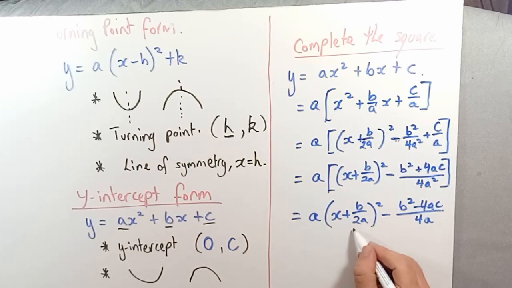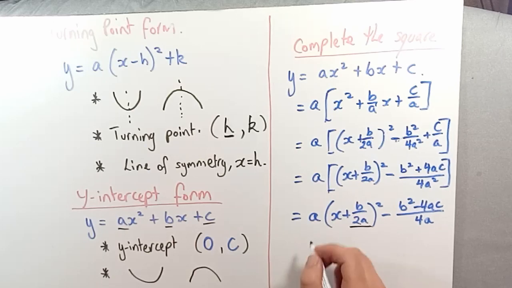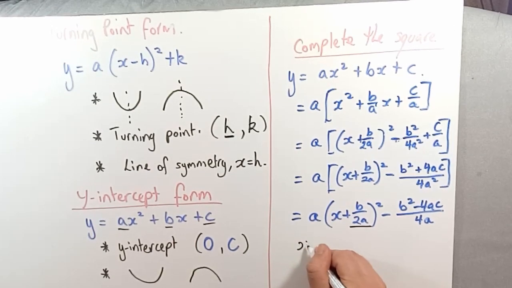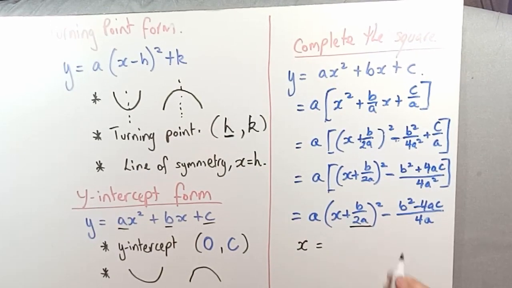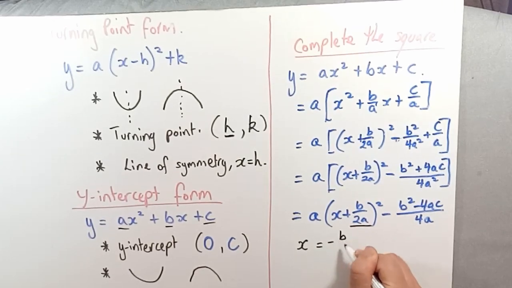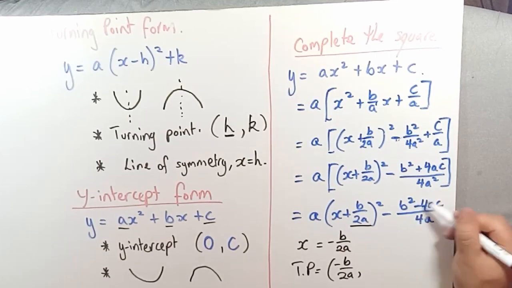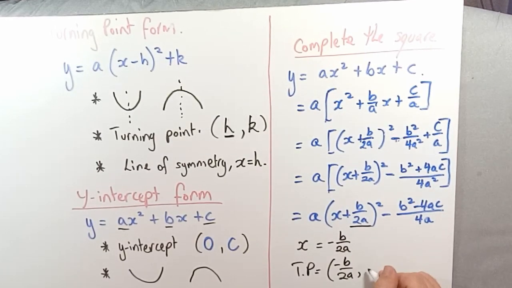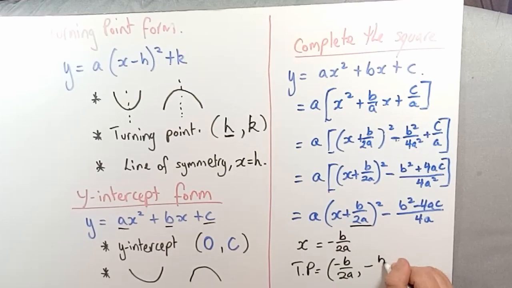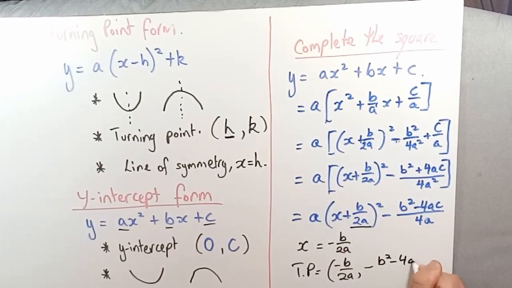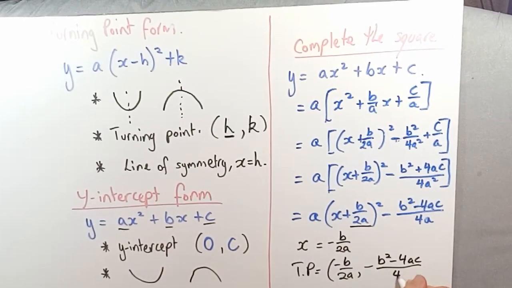So now I can see that our line of symmetry is x equals minus b over 2a, and I can tell the turning point is minus b over 2a, and also, let's move down, minus b squared minus 4ac over 4a.